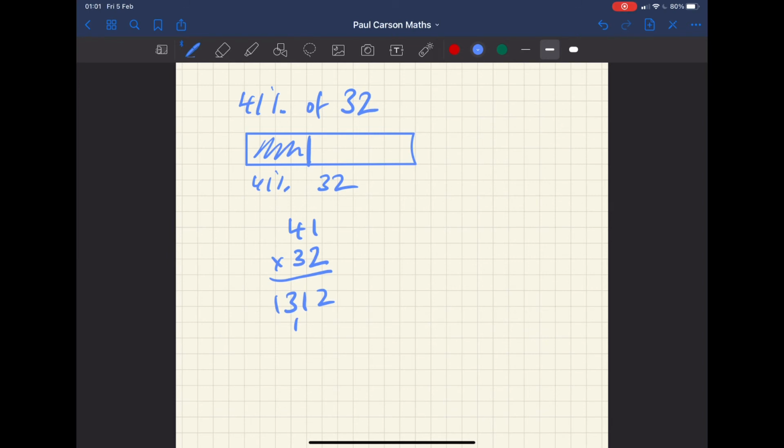And since we're trying to find a percentage here, which is out of 100, that's what we need to do. So we need to divide by 100, move the decimal point 2 to the left, and that gives 13.12. And that's it. That is 41% of 32. So very easy. No complicated 10%, 1%, all that kind of thing.